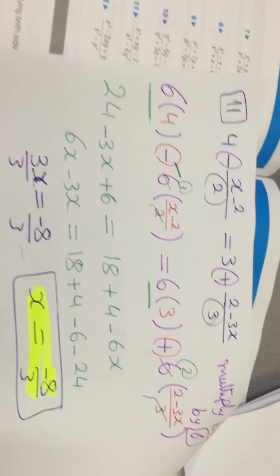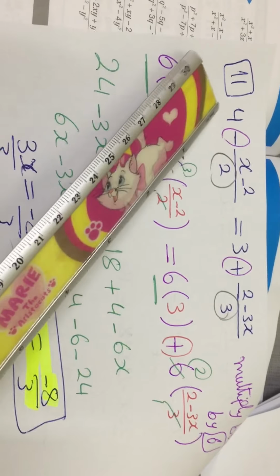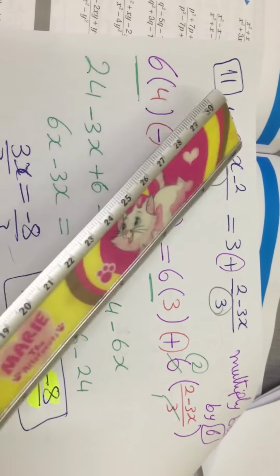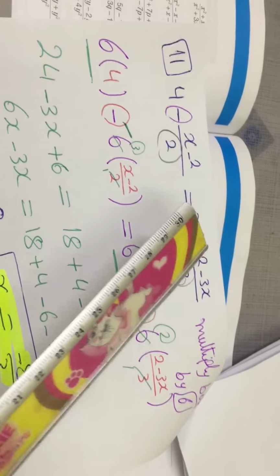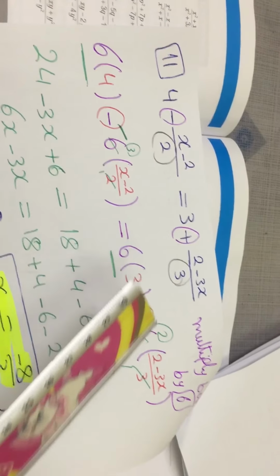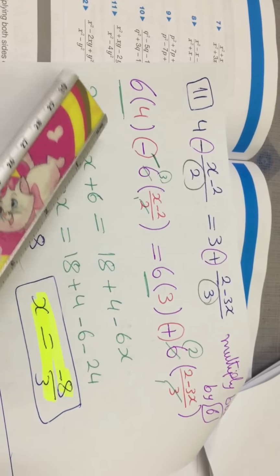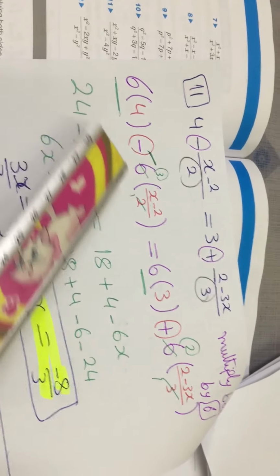Now I multiply by 6. 6 times 4 minus 6 open brackets x minus 2 over 2 equal 6 times 3 plus 6 open brackets 2 minus 3x over 3. You see, all the terms both sides.